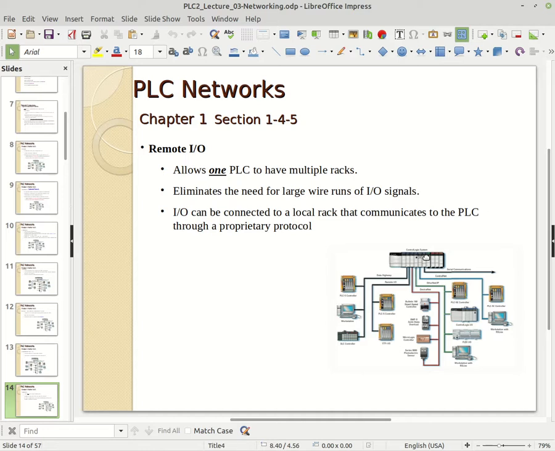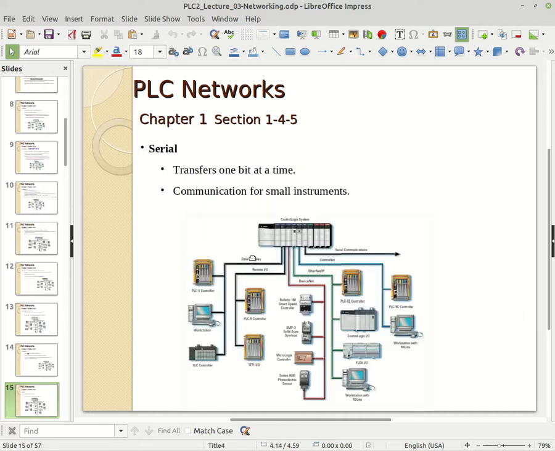You just buy a remote rack card and then the remote rack and the extra I/O, and so you have one PLC doing the communications, but you're utilizing more I/O than could fit in the standard chassis.